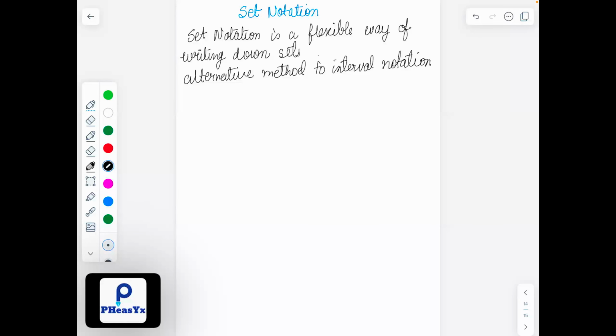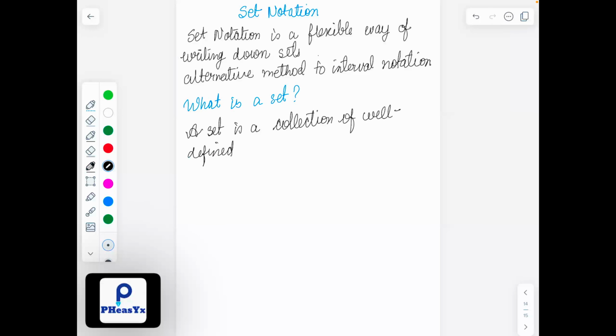Let me explain what a set is. A set is a collection of well-defined objects. And in math, we encounter sets very frequently. I will explain with an example.